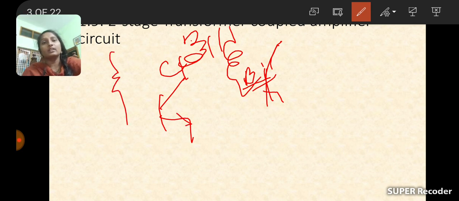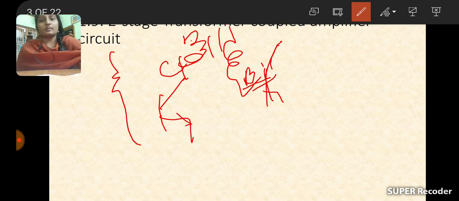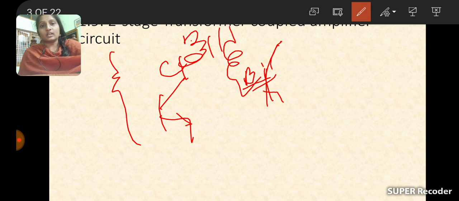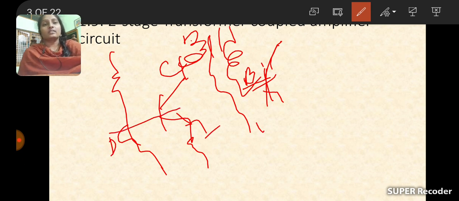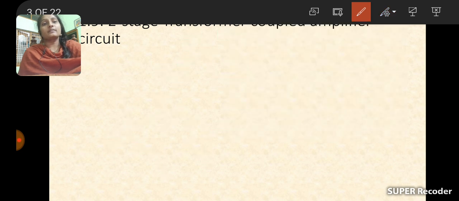Again it has the stabilization and biasing network R1 and R2, both the same, and the emitter bypass resistor and capacitors are also there, and the input signal is there. So the diagram is similar to that of the RC coupled amplifier, but the main difference is that here the transformer is used as the coupling element. Once check the diagram.